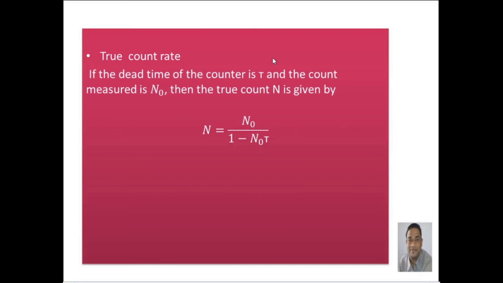So, if we know the dead time of a counter, suppose the dead time of the counter is T, that is the time for which the counter becomes inoperative, and the count recorded by the counter is N0, then the true count of the counter is given by N = N0 / (1 - N0 T).